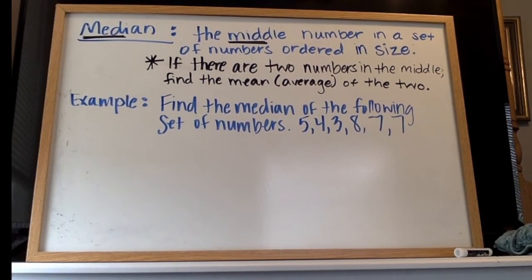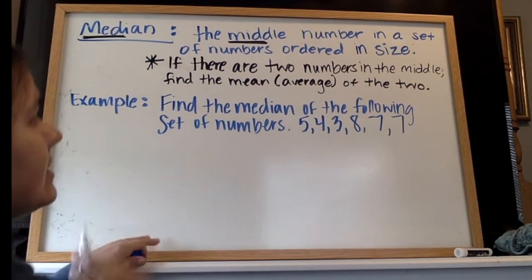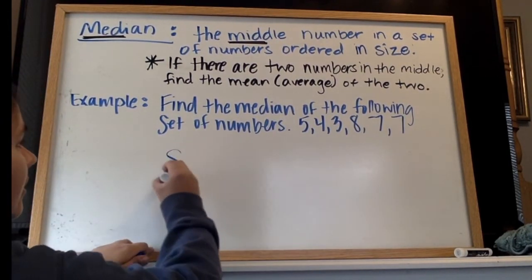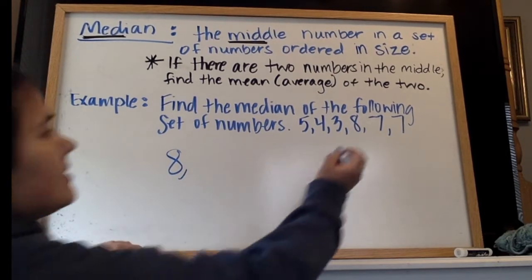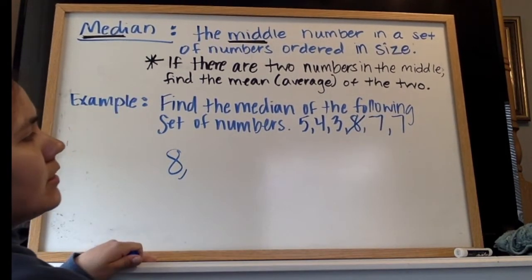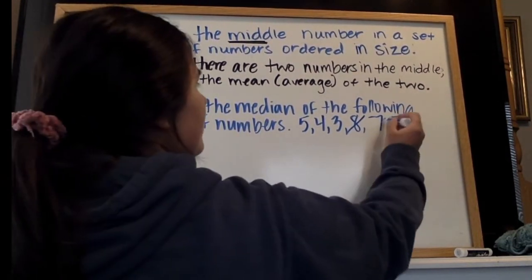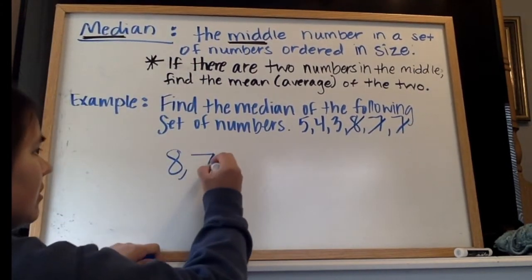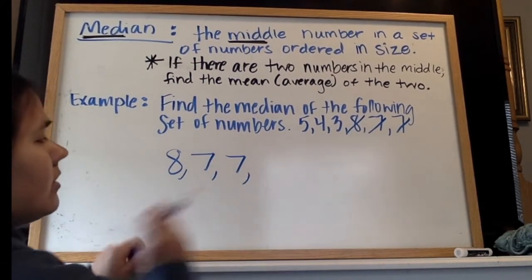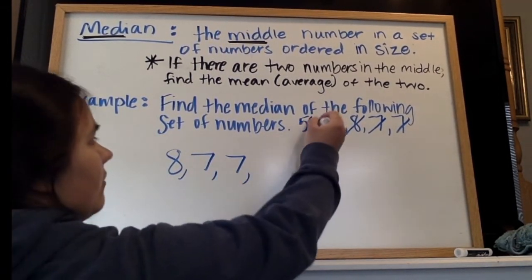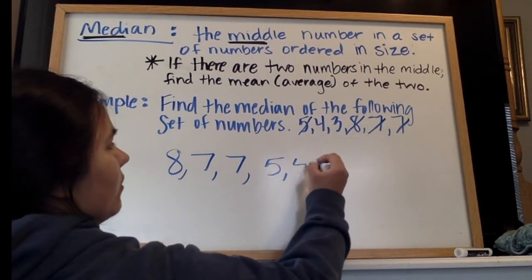So I'm going to find the biggest number here, which is 8. The next biggest number would be 7, and we have 2 of them. And then the next would be 5, and then 4 and 3.